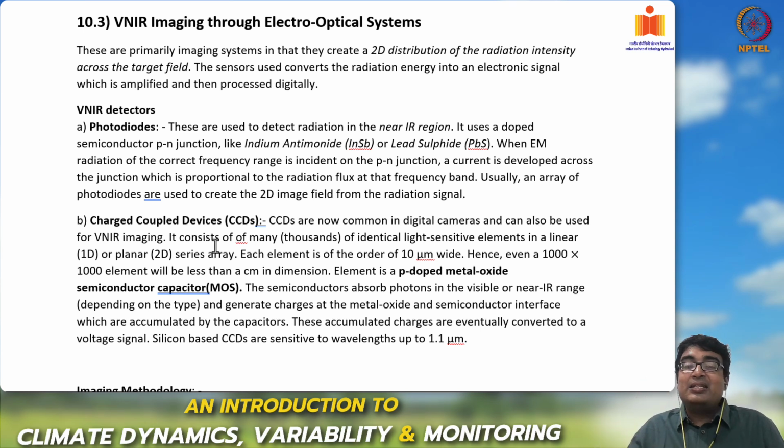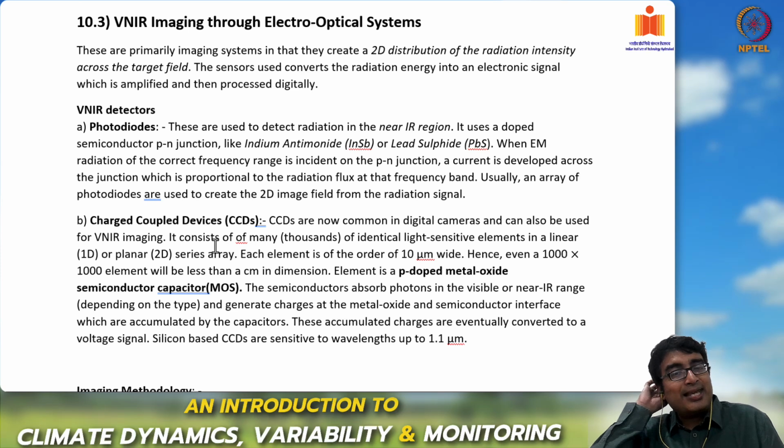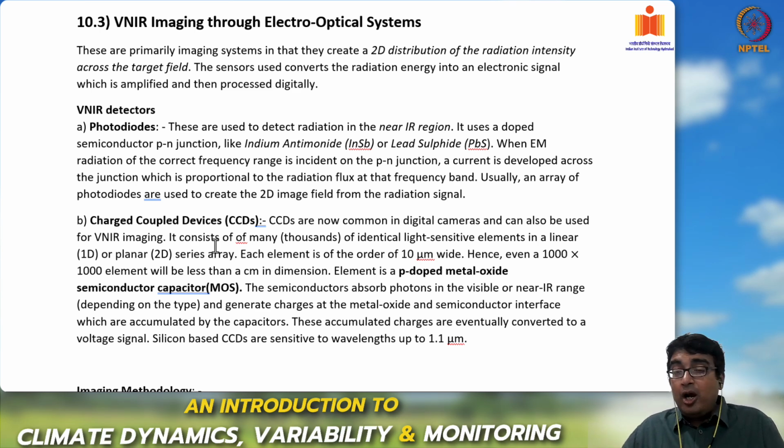What is this light sensitive element? Again, it's a type of semiconductor. It's a p-doped metal oxide semiconductor capacitor. Here the novelty is that a capacitor is being used, a light sensitive p-doped metal oxide semiconductor capacitor, a MOS. The semiconductor absorbs photons in the visible or near infrared range depending on the type of material and generates charges at the metal oxide and semiconductor interface, which are accumulated by the capacitors.